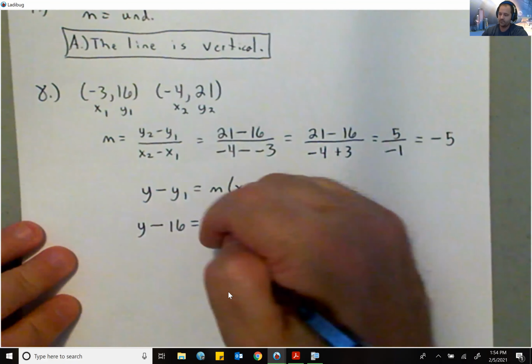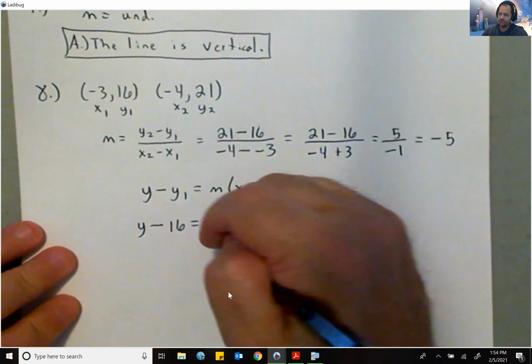Now all we have to do is keep cleaning up. So what are we going to do now? Because we have to get this in slope intercept form, y equals. Distribute the -5. Yes, good, Catherine. Distribute that -5 through. That gives us -5x minus 15.